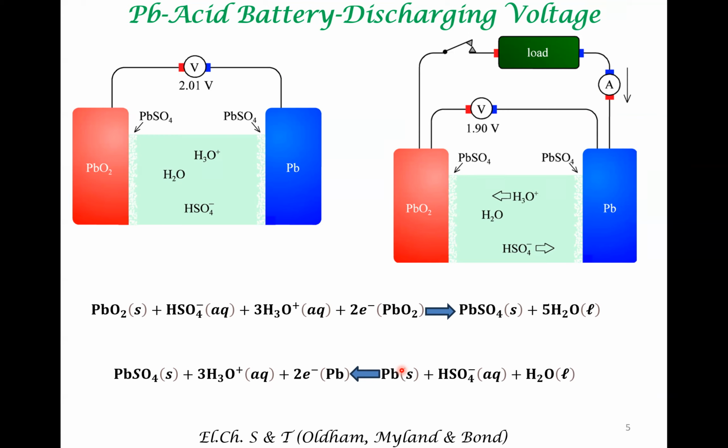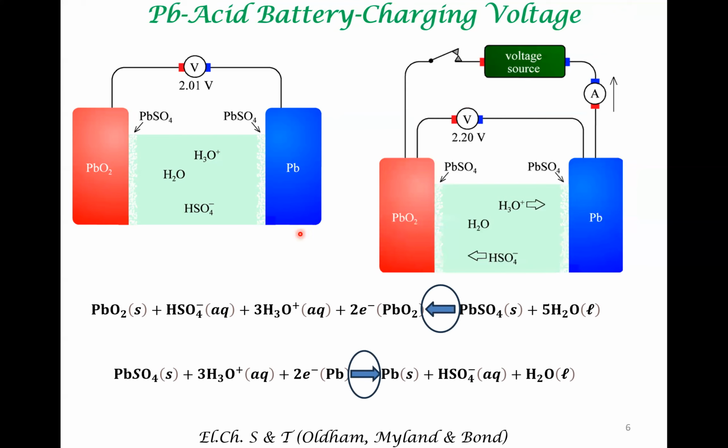This gets cyclically switched. And again, just to emphasize, when you talk about a positive electrode, we are talking about just the direction of conventional current. During the charging process, you have to apply more than 2.1. So here you are applying 2.2, and you are reversing the process.